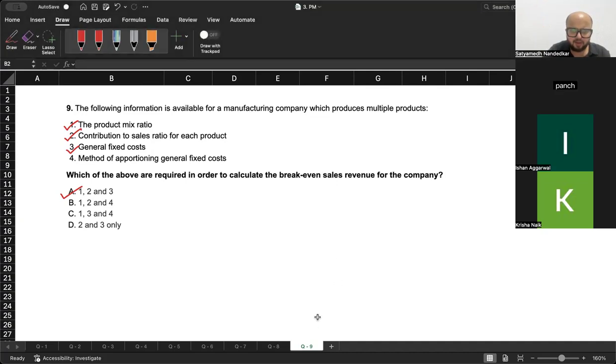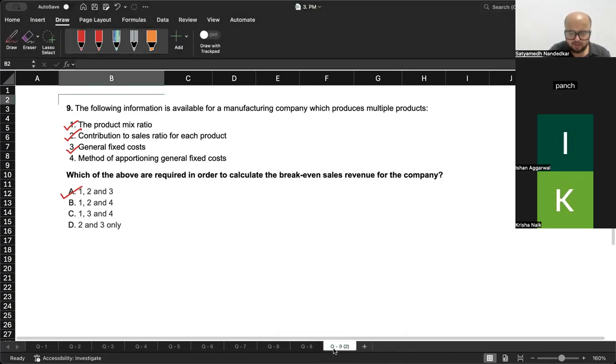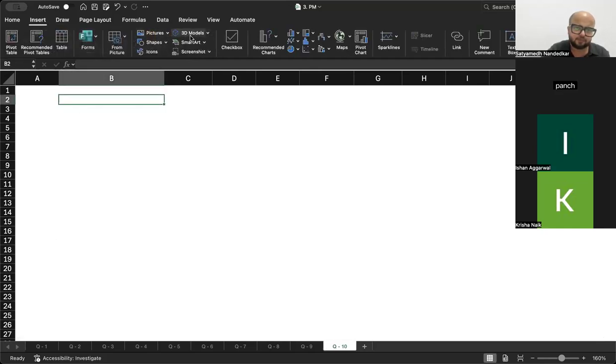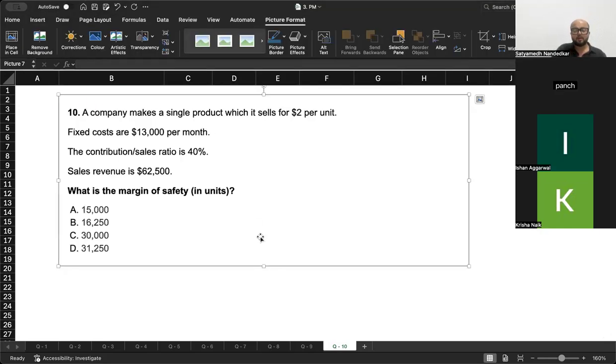Next one, medium level difficulty, not very tough. But again, that alertness is important. A company makes a single product which it sells for 2 per unit. Fixed costs are 13,000 per month. CS ratio is 40%.